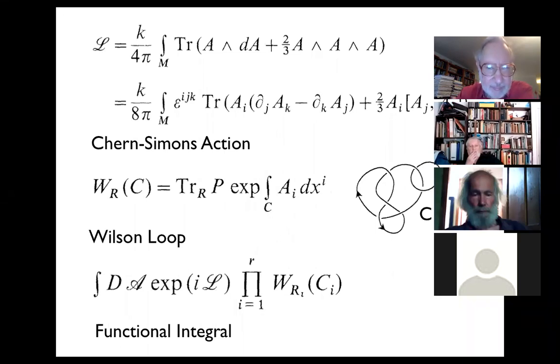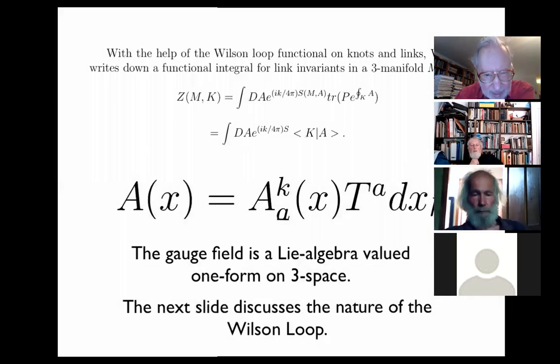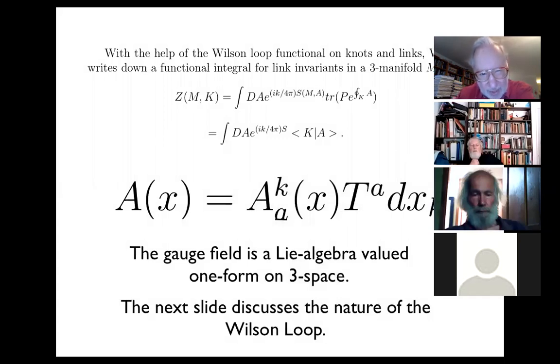Path-ordered because you have to keep track of order when you do something like that. So what does this bit of machinery actually look like? Well, the Lagrangian is the trace of A wedge dA plus 2/3 A wedge A. That's the Chern-Simons form. And never mind its more explicit version, but I did think that I had written a somewhat more explicit version of what a gauge field is in the next slide. Yes, okay.